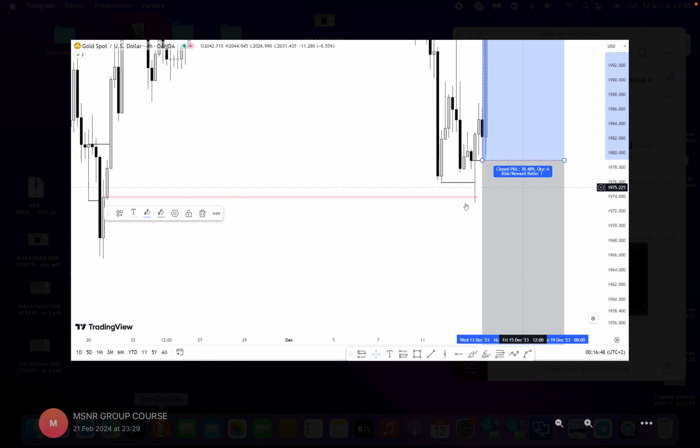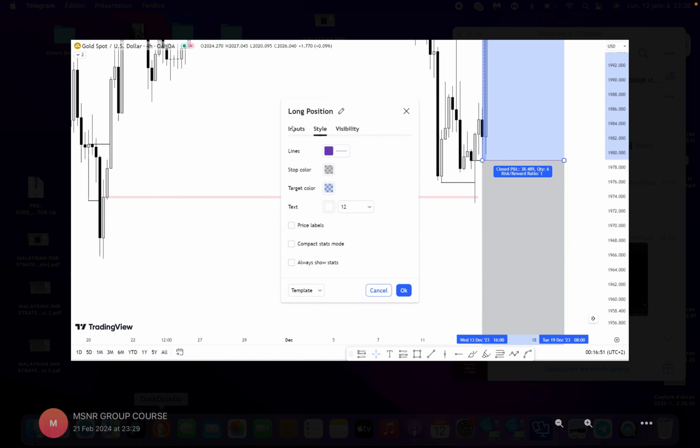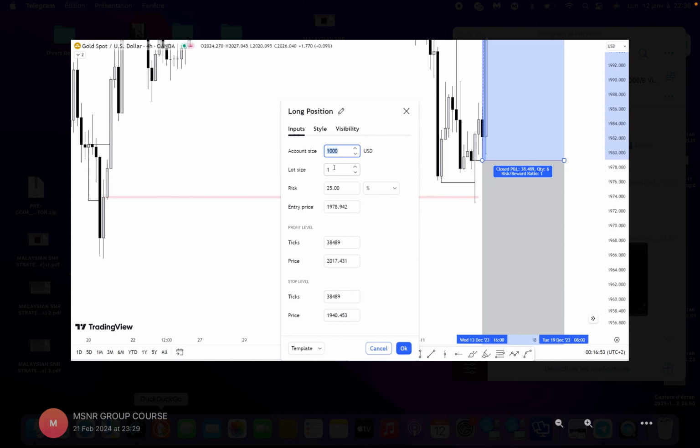So let me just do this, bro. Inputs, risk. Where's that thing? Entry. Stop loss is going to be where? Let me just make it 75.